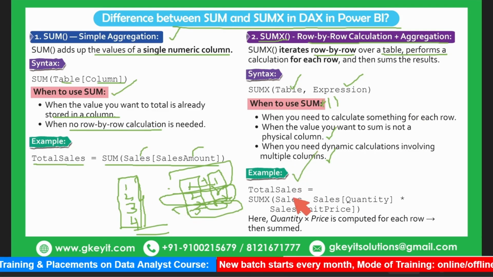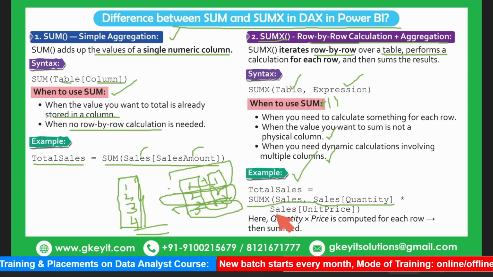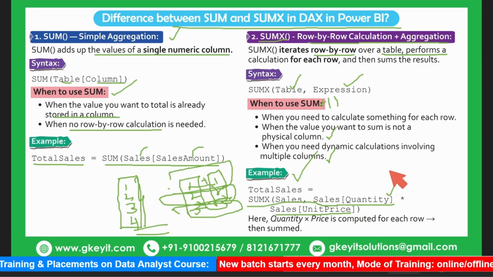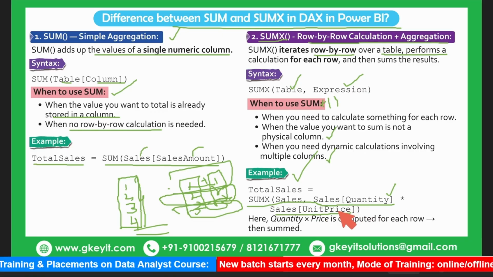Coming to the example, if you want to calculate total sales, SUMX, sales is the table, sales quantity into sales unit price. If you multiply quantity and unit price, then you will get the total sales. Here the quantity is in one column and the unit price is in another column, and each time it iterates row by row for quantity and unit price.